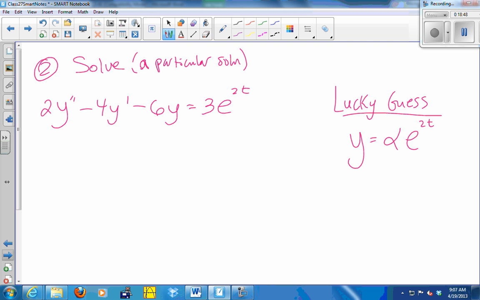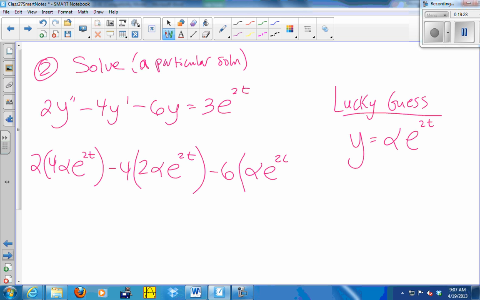So 2y double prime, let's see, y double prime would be 4 alpha e to the 2t. And I forgot the 2. Well, then my other side would be 3 halves e to the 2t, so it doesn't matter. So 2 times 4 alpha e to the 2t, minus 4 times y prime, which would just be 2 alpha e to the 2t, minus 6 times y, which is alpha e to the 2t.